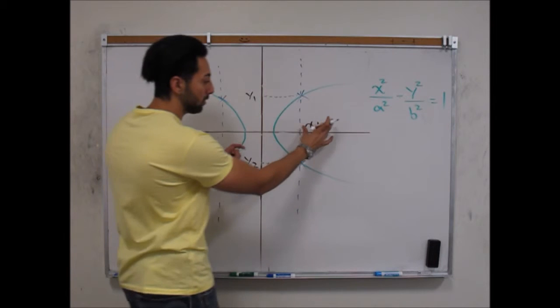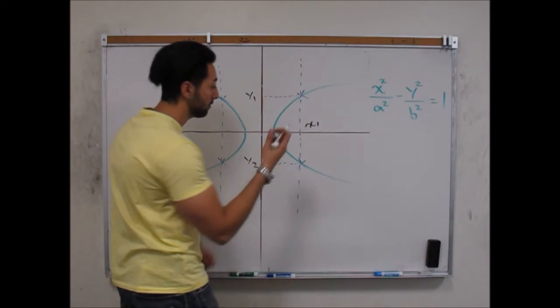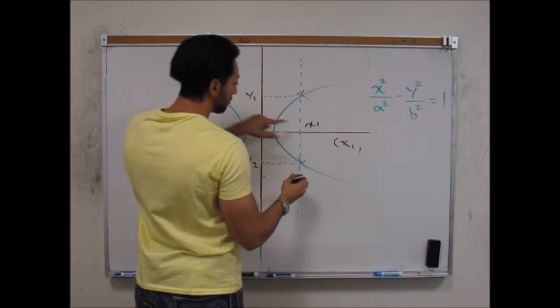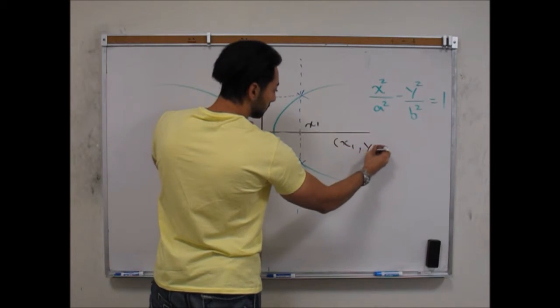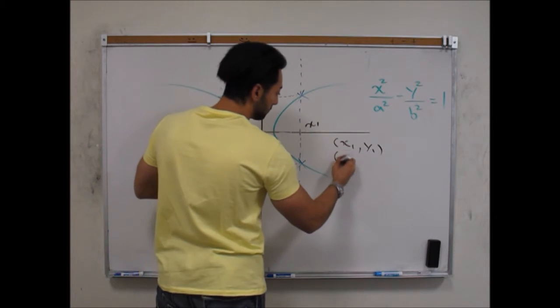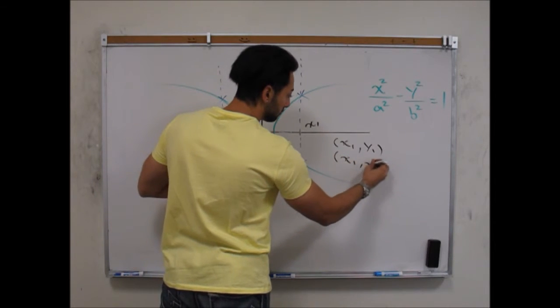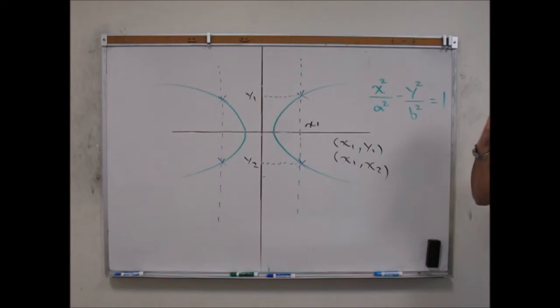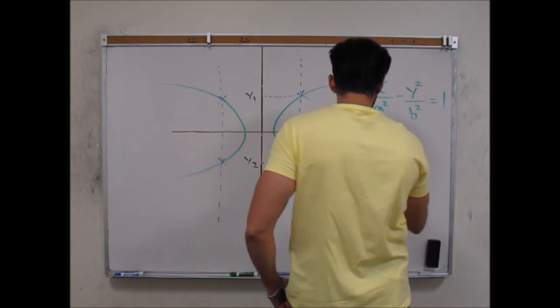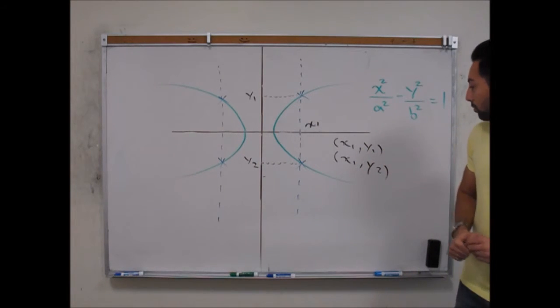So if we were to make an ordered pair out of what I've made here, at x1 we get a y value of y1, and at x1 we also get a different value, y2.